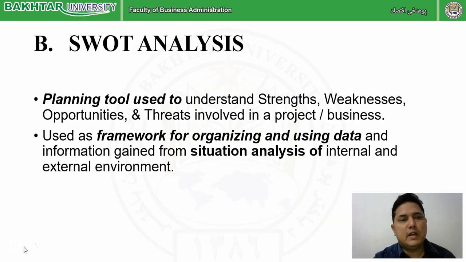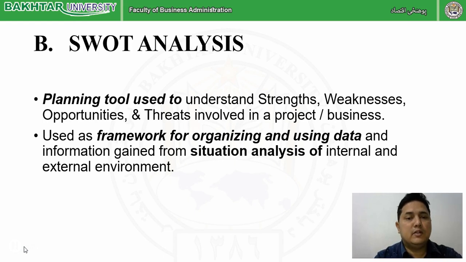Then our second tool, the first tool being situational environment analysis, is SWOT analysis. You know very well, SWOT analysis is all about strengths, weaknesses, opportunities and threats. Strength and weakness are our internal things, and with their help we find our opportunities and threats. As our strength increases, our opportunities externally increase.